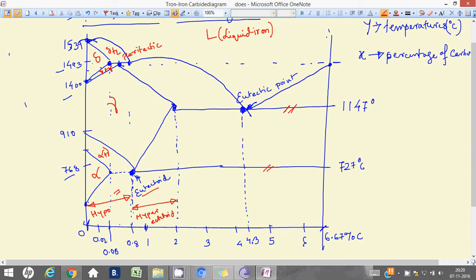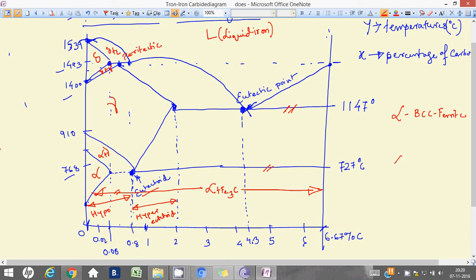So our entire this portion is alpha plus Fe3C.